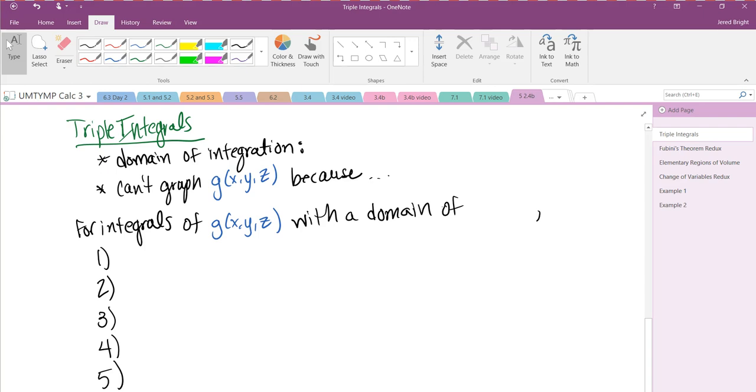In 2, we had a two-dimensional region. When we have a triple integral, we should probably have a region or a domain of integration that's a solid. So we're integrating over a cube, something like that. And also notice that we can't graph the function, since it takes 3 variables for an input, it would actually be in 4 dimensions.